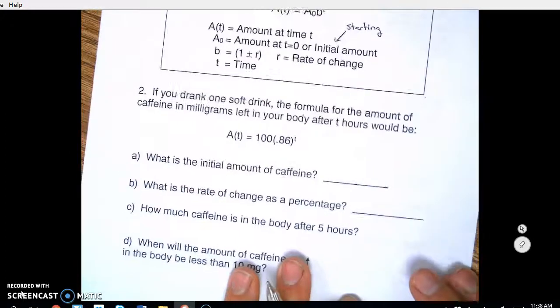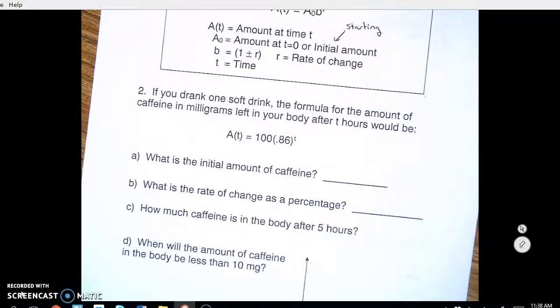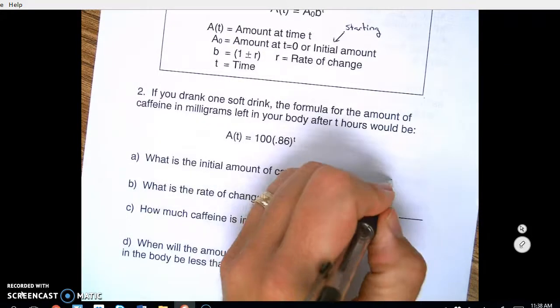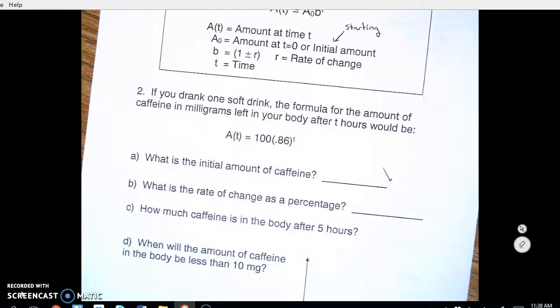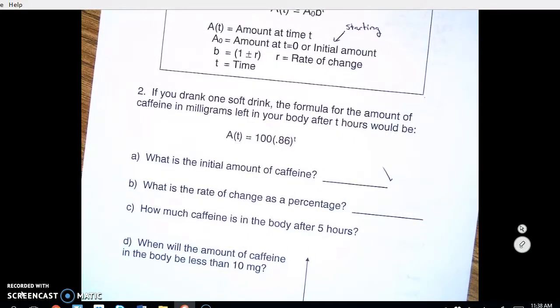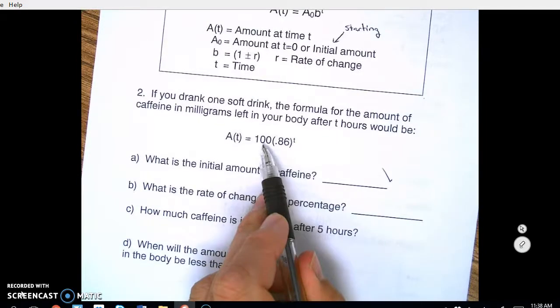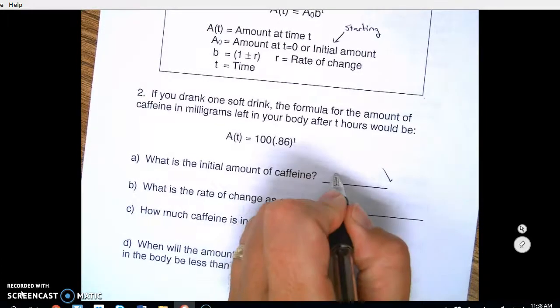Let's take a look at number 2. If you drank one soft drink, the formula for the amount of caffeine in milligrams left in your body after 10 hours would be as follows. What is the initial amount? That's going to be, what do you think? That's correct, Stephanie. 100. The initial amount is your A value.